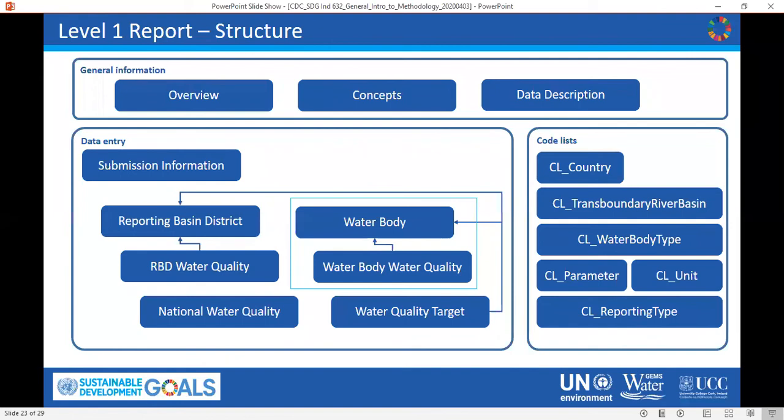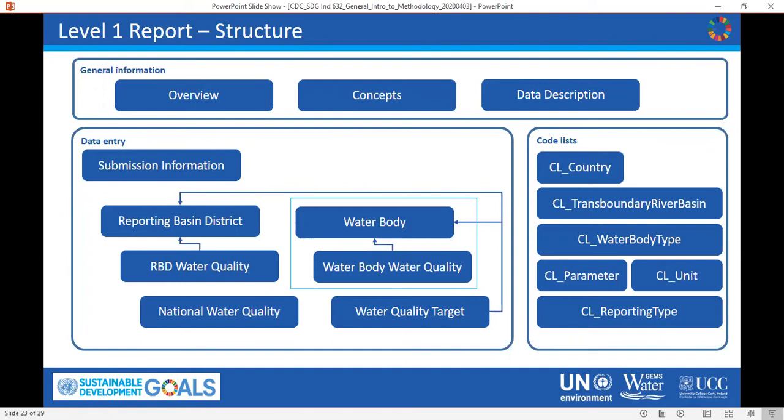Depending on the level of reporting that you choose to do, there are additional data entry tables. On the left side, you see reporting basin district and RBD water quality. These two tables ask for metadata of the reporting basin district, which serves as a reference for the reporting of the actual water quality information at the reporting basin district level.